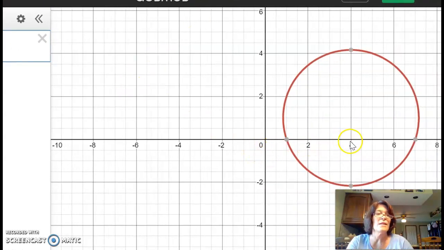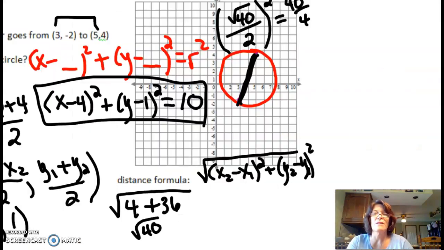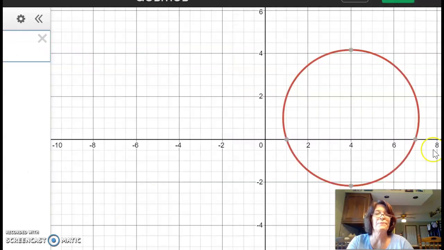Okay. Doesn't that look like it has a center at, there's 4, 1 right here. 4, 1, right? Okay. And the radius, what were the points that we said it went through? Let me look back here a sec. 3, -2 and 5, 4. Let's see. 3, -2.